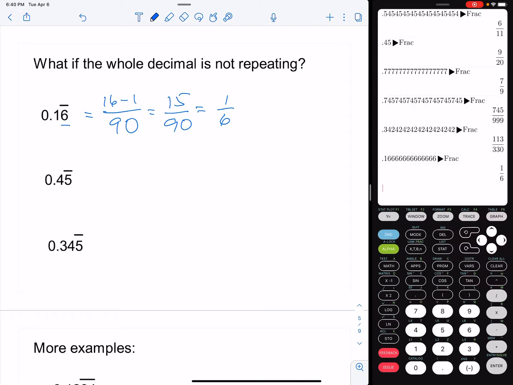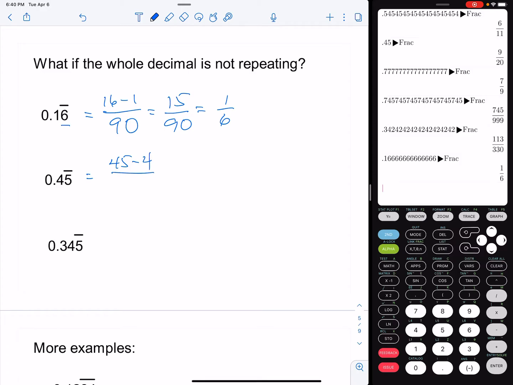Okay, so what I'd like for you to do is do this second one by yourself. So pause the video and find for me the unsimplified and the simplified fraction. Okay, let's see how you did. So for the numerator, we're going to take 45, and we're going to subtract from that 4.